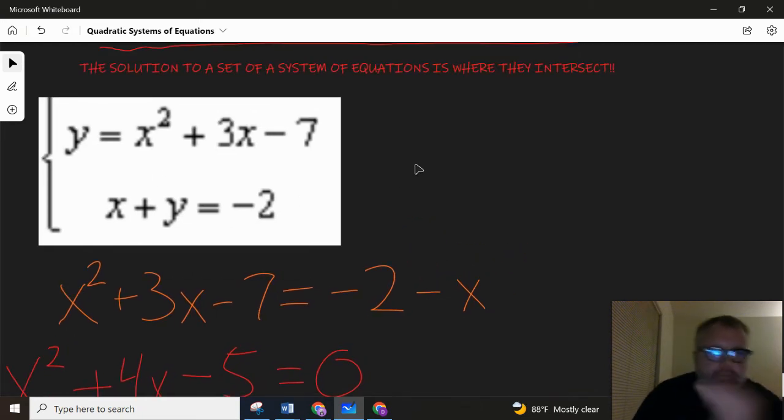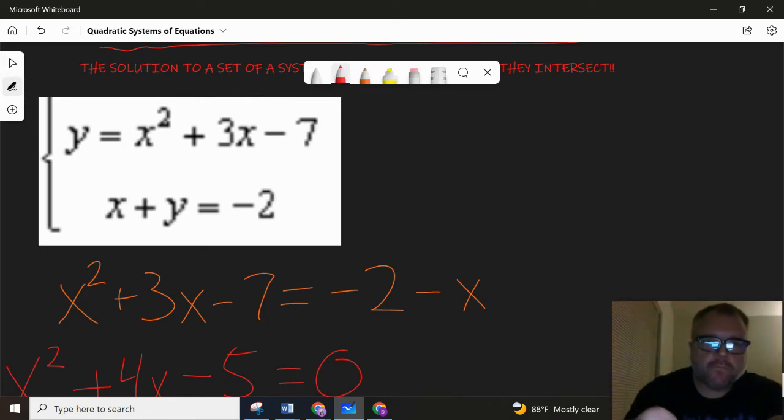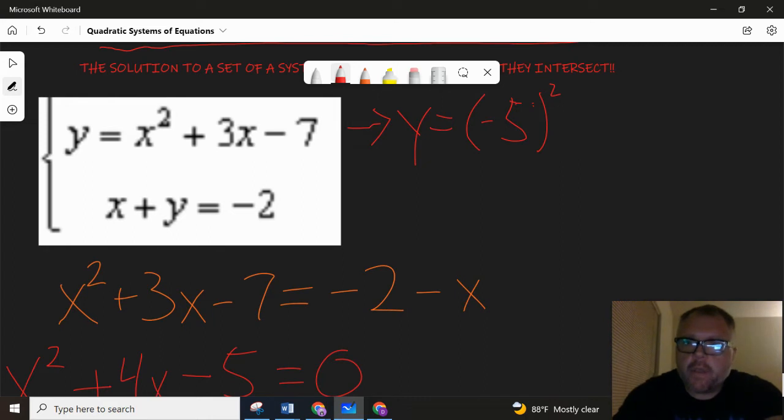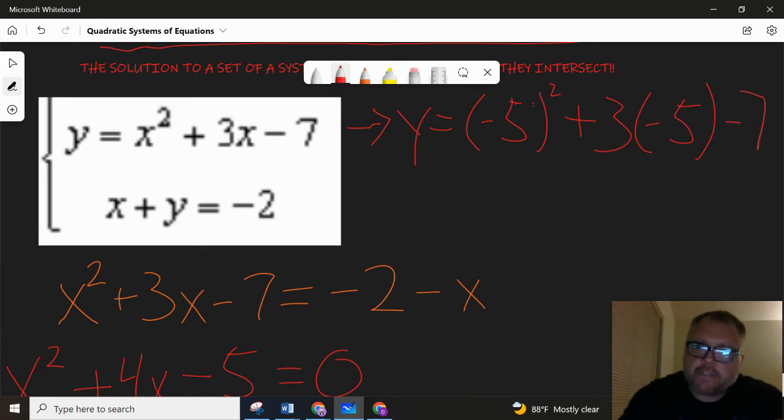So my first solution was x equals negative 5, right? So if I plug that in right here, and I say y equals negative 5 squared plus 3 times negative 5 minus 7.